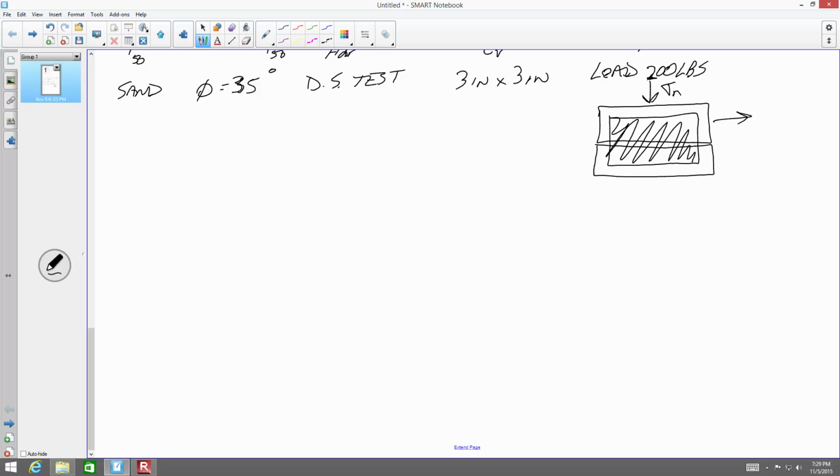And we pulled on the top, measured that force, and then we could back calculate what the friction angle of the material was. So we can look at tau is equal to sigma n tan phi. There's no cohesion in a direct shear machine. The test will be conducted very slowly, so there's no pore water pressure in there and no cohesion in there.